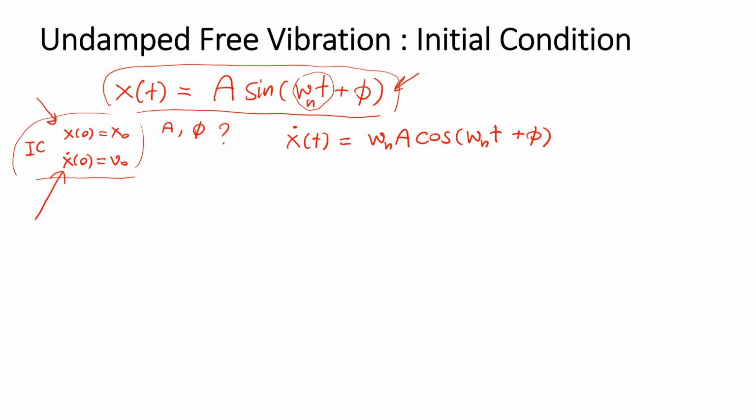The derivative of the constant will be 0, so we don't care. So the first time derivative of the response will be this one. So 1 and 2 need to satisfy the initial condition.